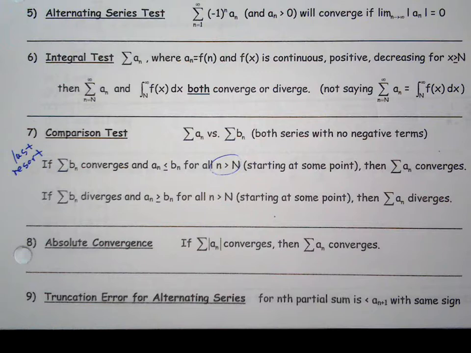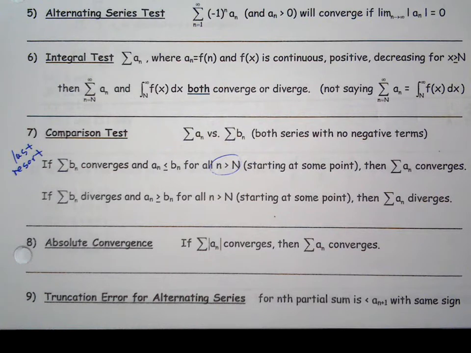If that case converges, that's worse than if there are some negative terms. The negatives and the positive terms will kind of cancel each other out, and you'll converge quicker to a smaller number. But if you force all the terms to be positive and that converges, then the ones with some negatives in them will converge also. If that happens, we say that the series converges absolutely.